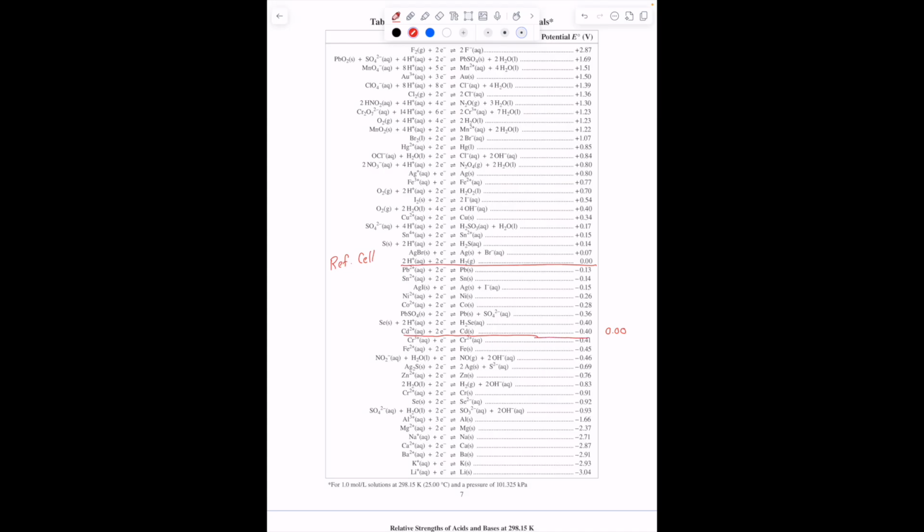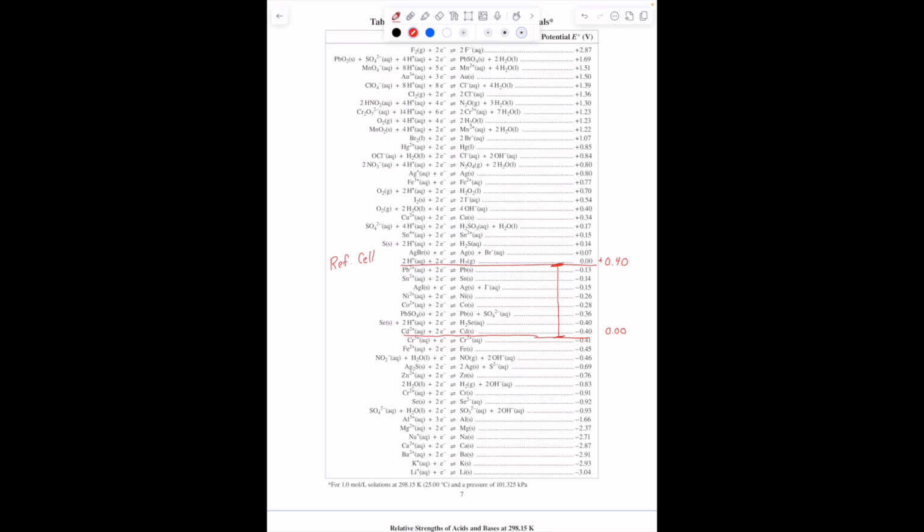Now, what I tell my students is the difference between any two is always the same. So if the difference is 0.4 and everything above 0 is positive, if that's 0, the new hydrogen has to be 0.40 positive.